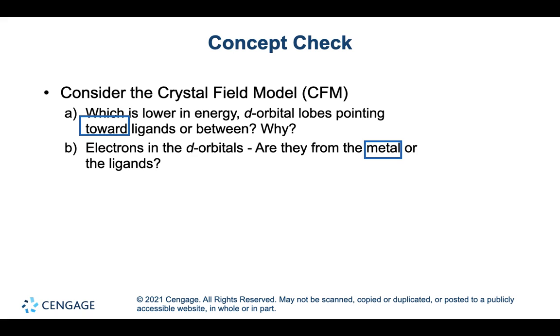So this is a misprint here. The square blue box should be around the between, because they have less interaction, so they are lower in energy. And the d orbitals are from the metal, so that's correct. So A is actually incorrect. That box should be around the between, not around the toward.